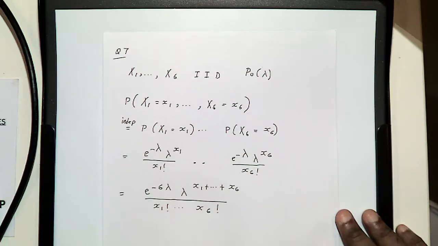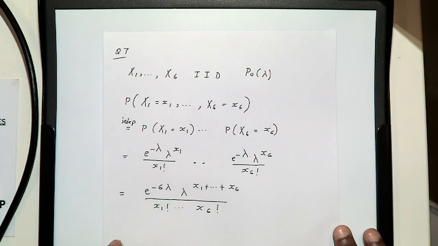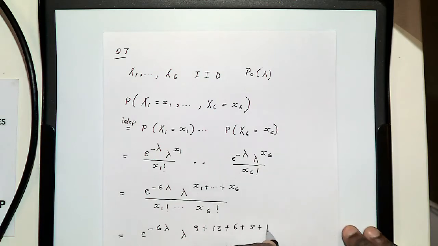Now we are given the values for x1 to x6, so you can input them. So this is going to be lambda power 9 plus 13 plus 6 plus 8 plus 10 plus 13. Is that right? 9, 13, 6.